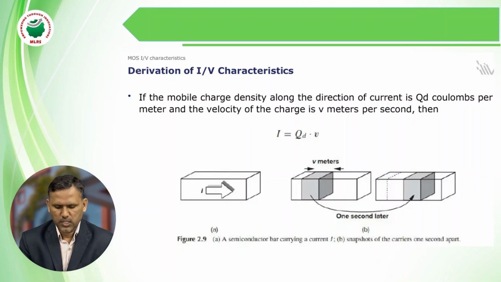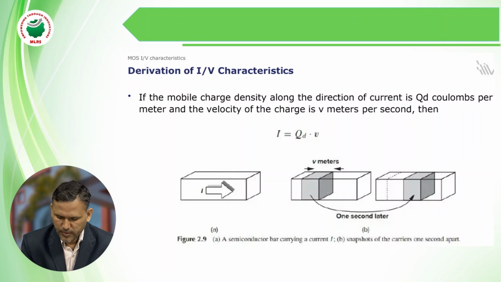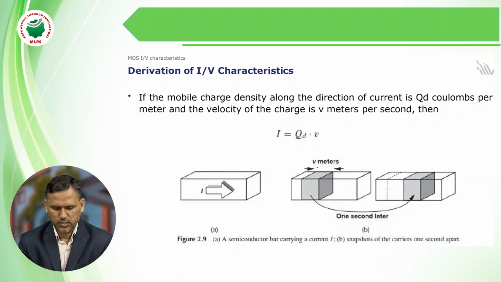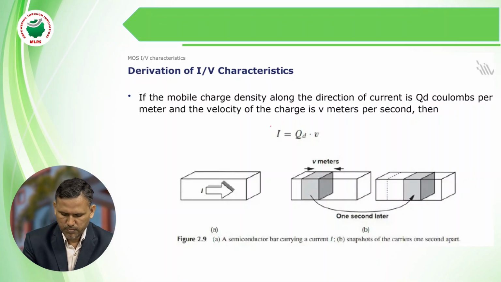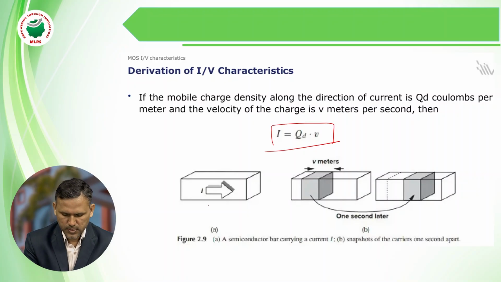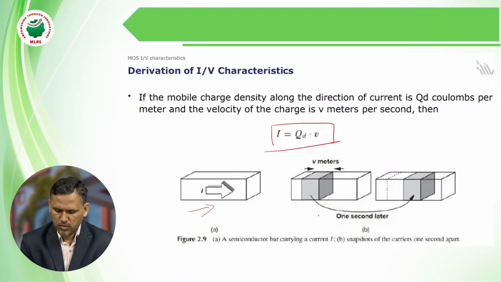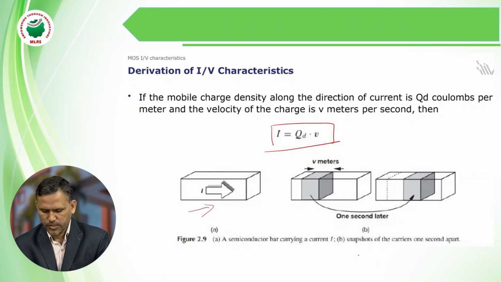If the mobile charge density along the direction of the current is considered as QD coulombs per meter, and the velocity of the charge is V meters per second, then the relationship between the current and the velocity of the charge can be represented as I equal to QD into V. So for example, consider a current carrying conductor as shown in figure A.